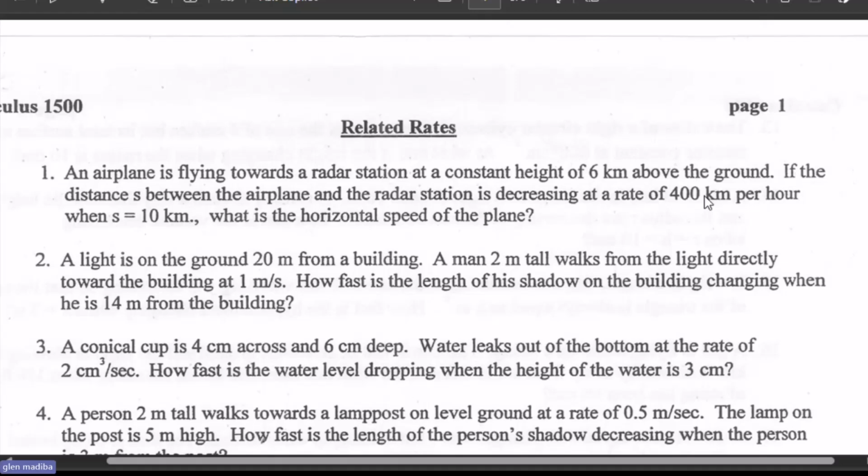But this is the rate, where we are taking distance and time together. They are saying the distance between the airplane and the radar station is decreasing at a rate of 400 kilometers per hour when S is 10 kilometers. That's why I said, let's pause there.